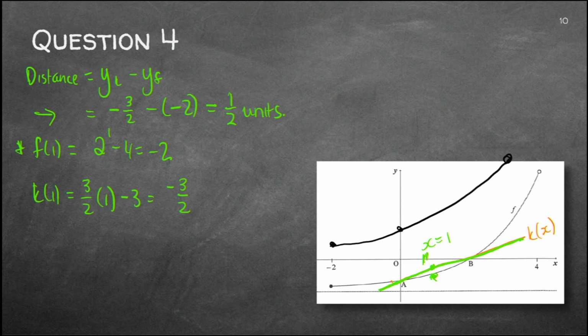Right. Now, very, very important. We need to get these two coordinates. So let's quickly get that first. g at the point -2 is 2 to the power of -2, which is 1/4.